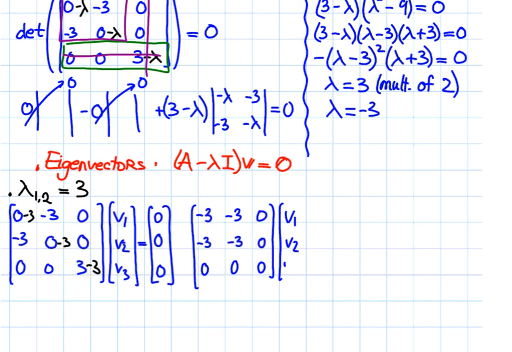V1, V2, V3, and that equals the 0 vector. I will do reduced row echelon form here.